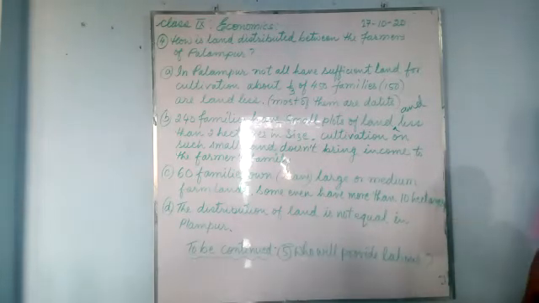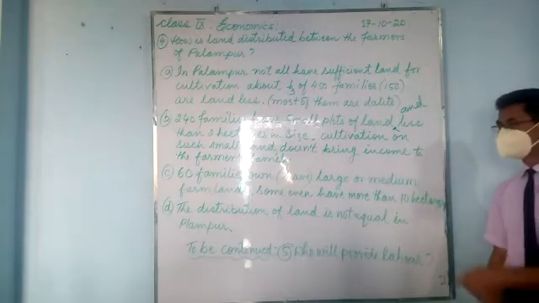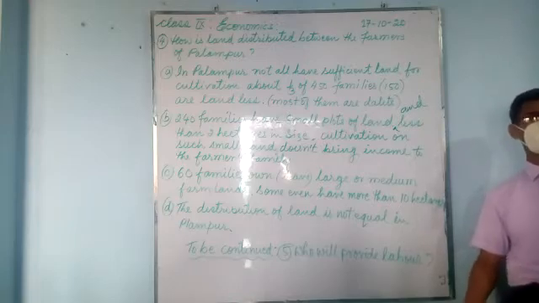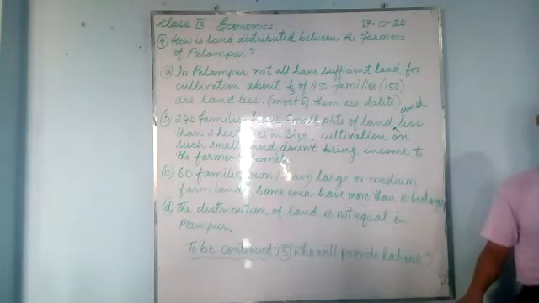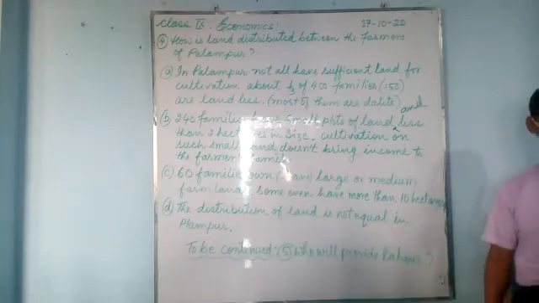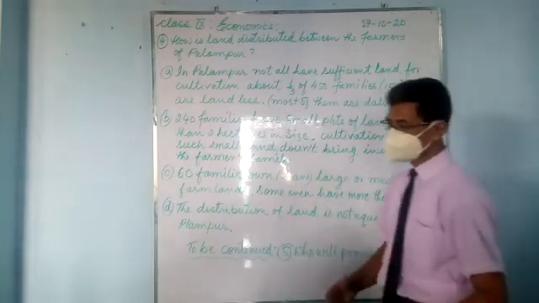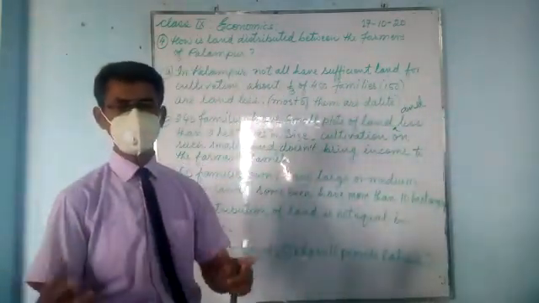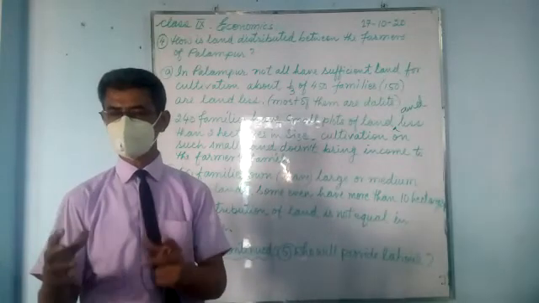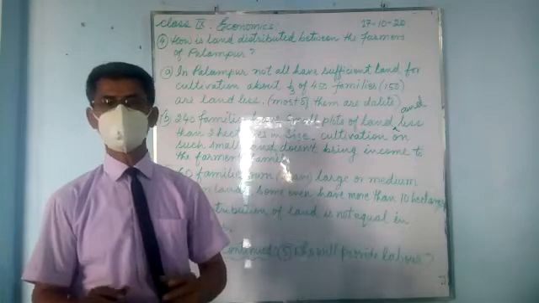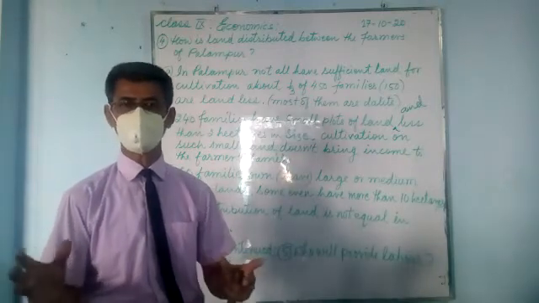So unequal distribution. Now compare this Palampur with the villages around our neighborhood. Many of the villages have the same type of situation. Some families own big plots of land, some have small plots, some have medium plots, and many of them do not have their own land.